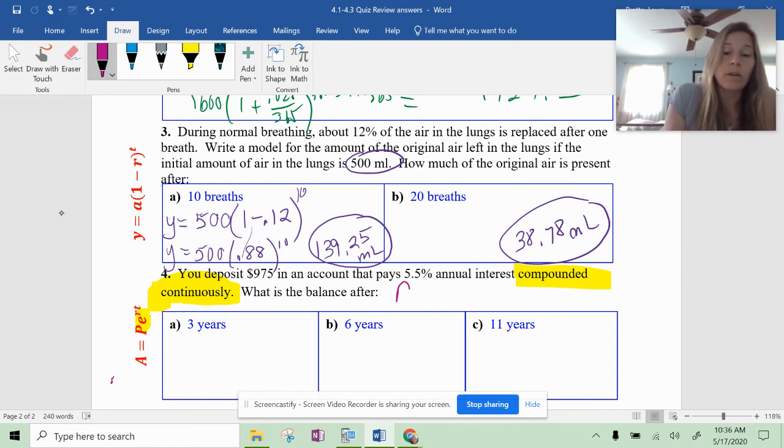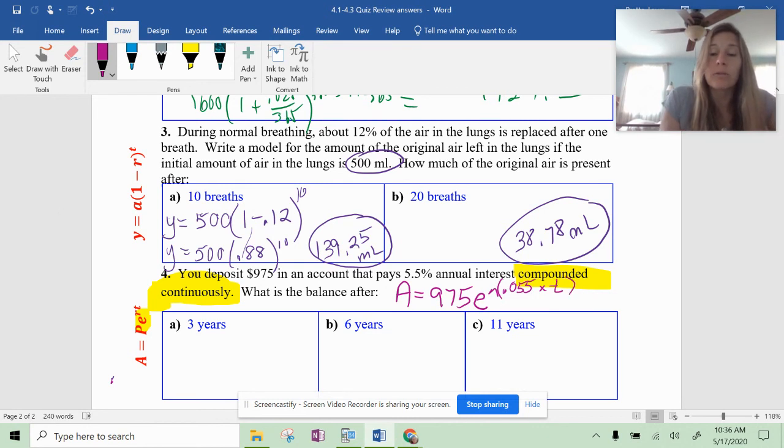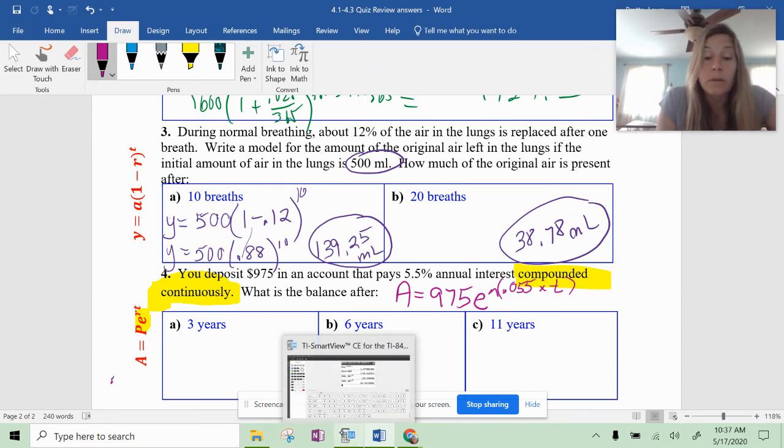When you're figuring this out, your initial amount is 975. Then you're going to do times e raised to 0.055, be careful with those, times whatever the years are. So that's going to vary. Now whether you want to enter this separately for each problem, putting in the number of years, or you want to do it on the graphing calculator and then look them up on the chart, you've got the option.